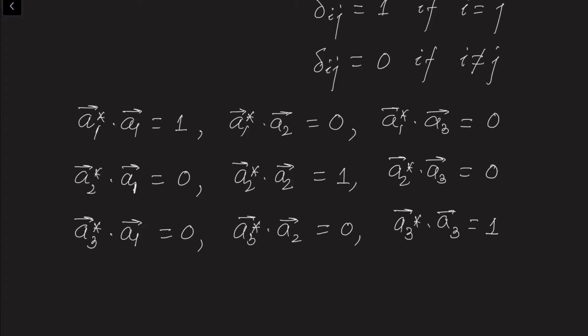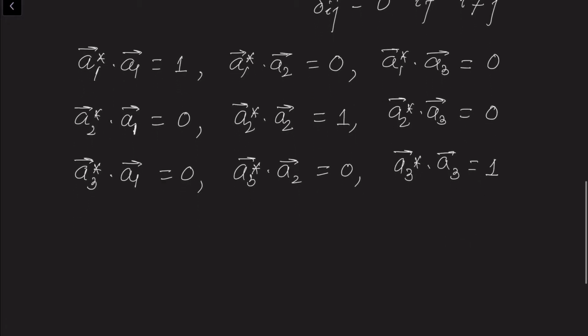However, what I am given initially is the direct lattice vectors A1, A2, and A3, and I need to first construct A1 star, A2 star, and A3 star. So this definition in that sense is not a constructive definition. So we will now derive constructive relations using these same relations.